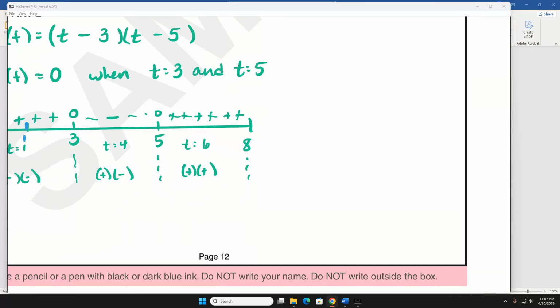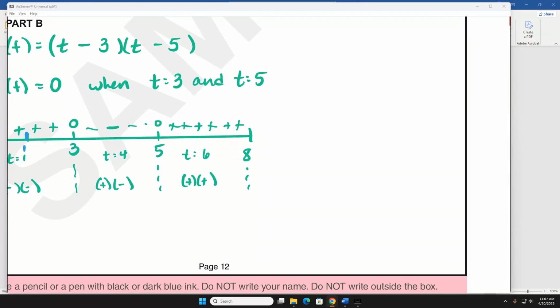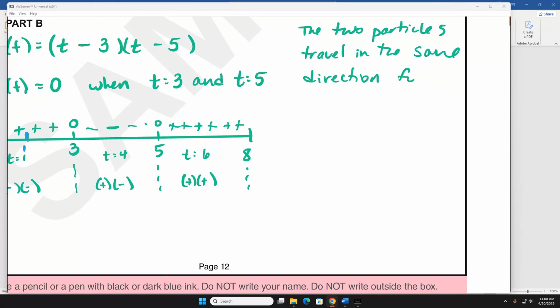I would just quote the problem, starting towards the end of the sentence: the 2 particles travel in the same direction, and we're going to go from 1 to 3, and from 5 to 8.